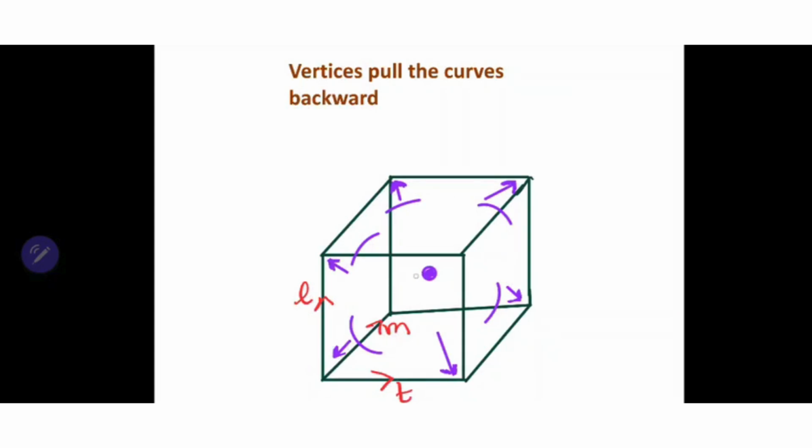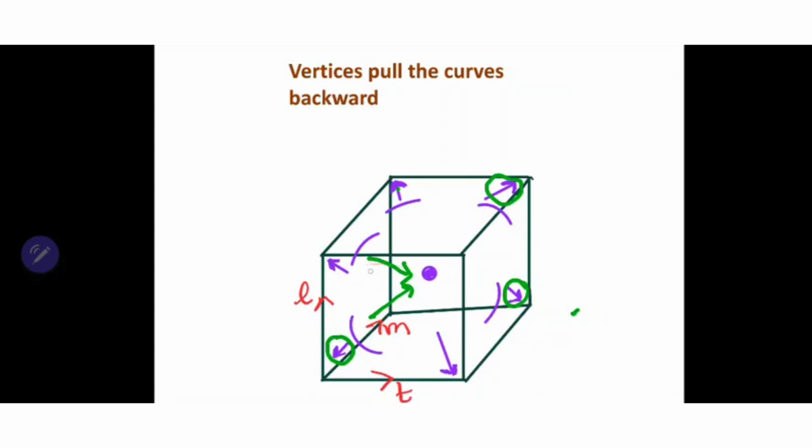First the nucleus attracted the vertices towards it, and now each vertex exerts a force on the curved vertices, attracting the curves towards it.